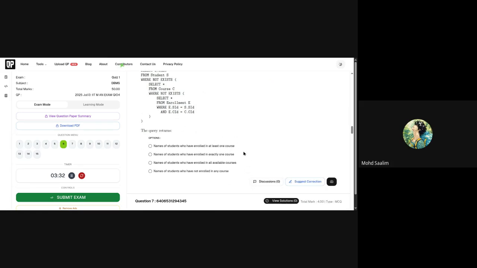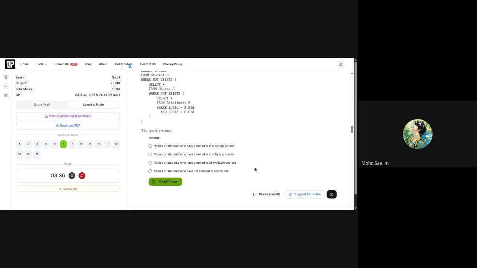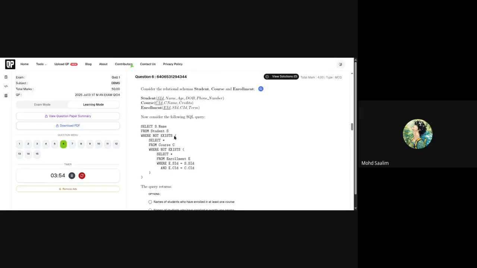So which option is correct? The third one. But sir, names of students who are enrolled in all available courses? Oh, okay. It is not exists here. So yes, the negation is being applied to this collection of courses, which is checking for the enrollment.